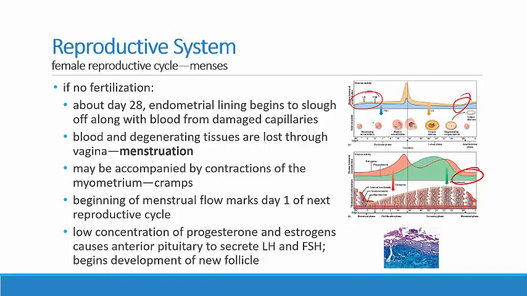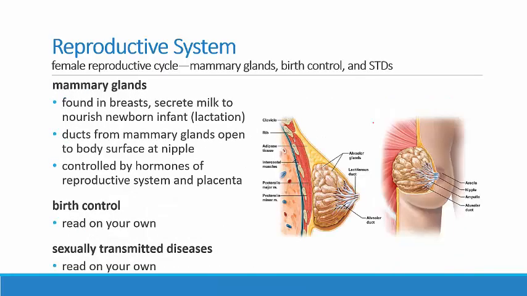Alright, so last of all to talk about are the mammary glands that are part of the female reproductive system. The mammary glands are found in breast tissue, and so both males and females have breasts, but it's only the female, because she's the only one producing the estrogens that cause further development of the breast, who has them developed and enlarged.